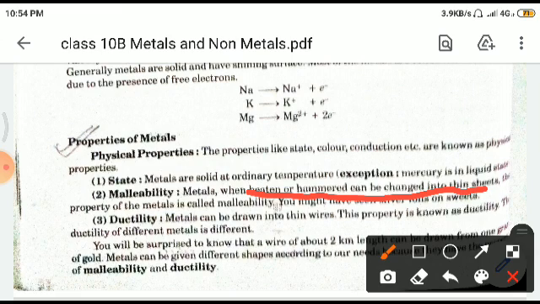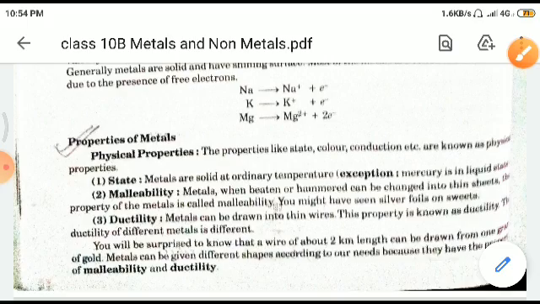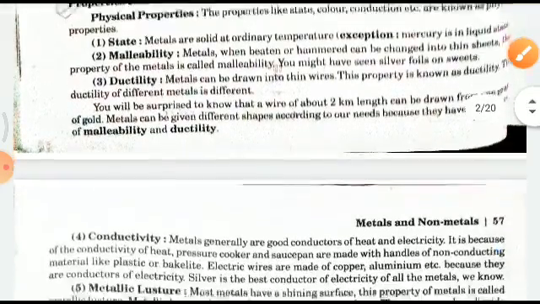On top of sweets, we have found a layer of silver or sometimes even gold, and that is formed by beating a small piece of silver, which then changes into a sheet. Ductility is that metals can be drawn into thin wires. These are the properties of metals.